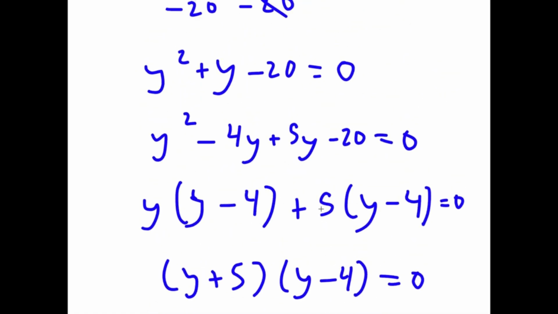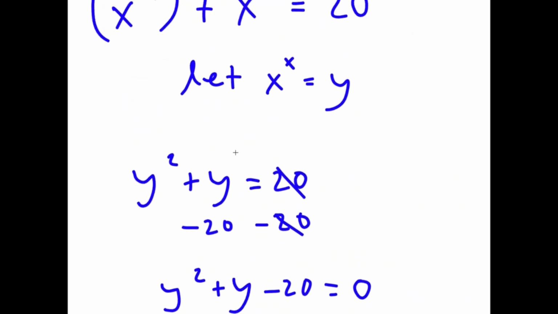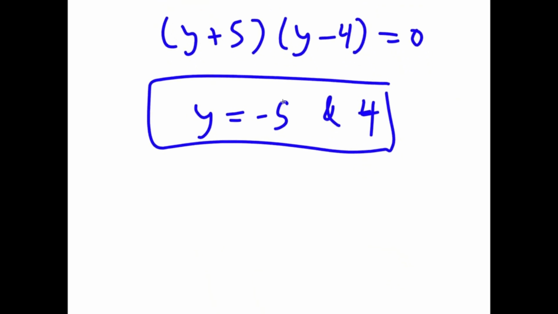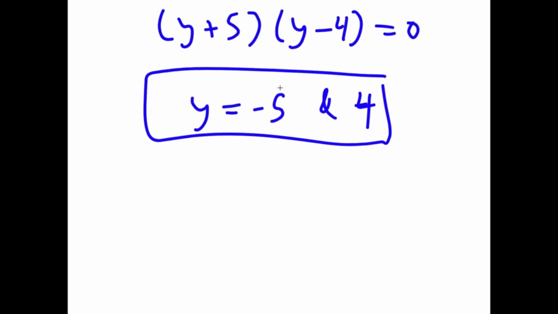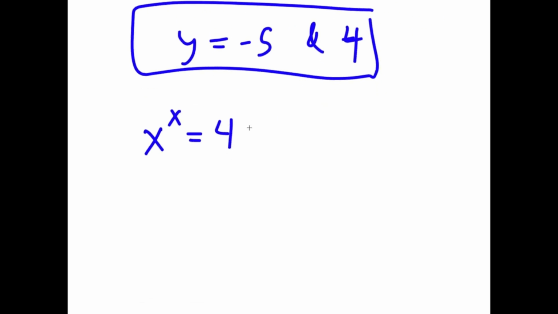So now we aren't done yet, because remember how we set x to the power of x equal to y. So let's first start with 4 here. So I have x to the power of x is equal to 4. So we want 4 to be in the form x to the power of x, a number to the power of that same number.